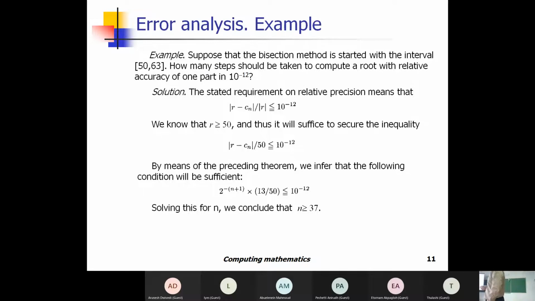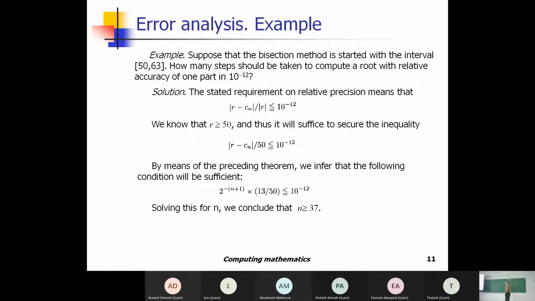Do you remember or not? If the unknown variable is in a power. So you get minus n plus 1 smaller than some number. Here is 2 in some negative power, right?